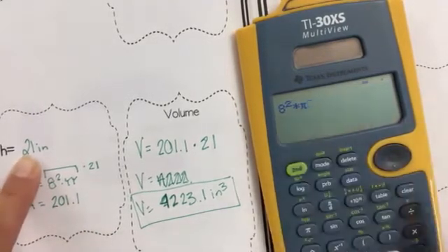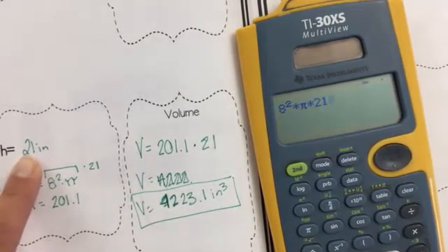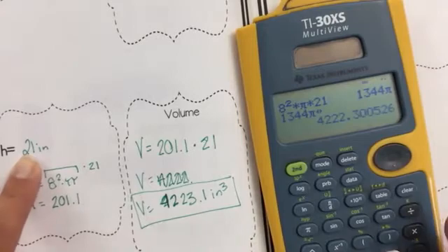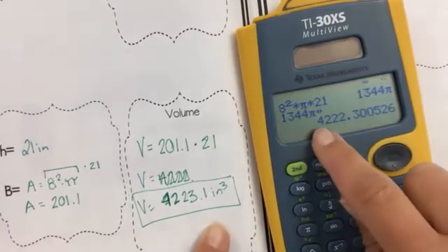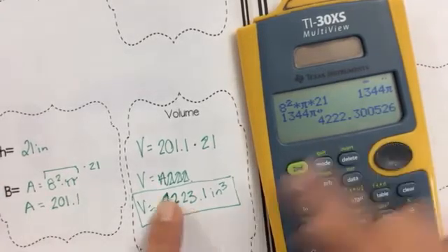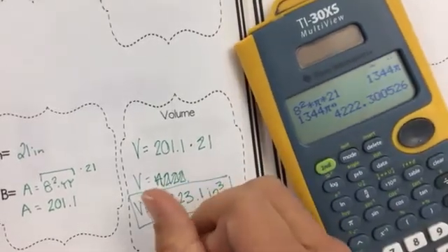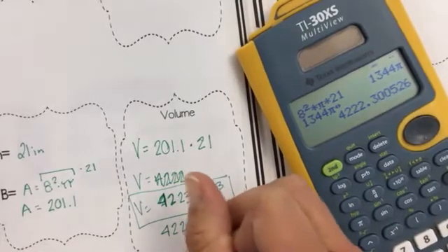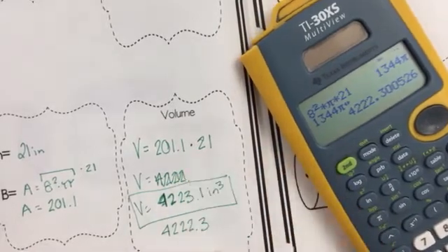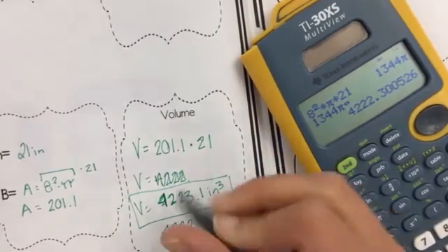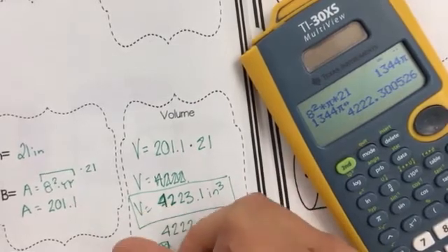I'm going to take that number and I'm going to multiply it by 21 because that's the height, right? And then press equals, get your number. Now this is as accurate as we can get. That's kind of what I came up with my first time. So they're not a ton different, and I will probably be flexible, but this one is more accurate.